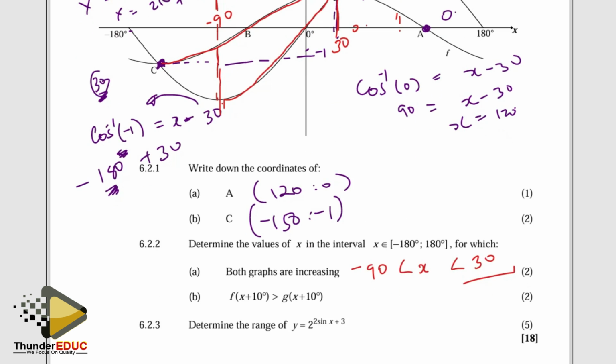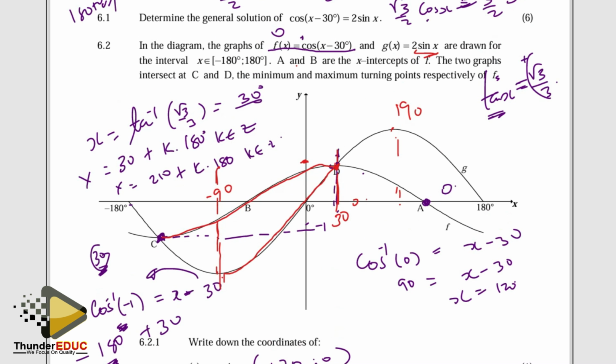And then if the graphs are shifted 10 units to the left, same story, where do we find f to be above g? Where is f above g? So we can see that from this point and this point. So we said this was negative 150.